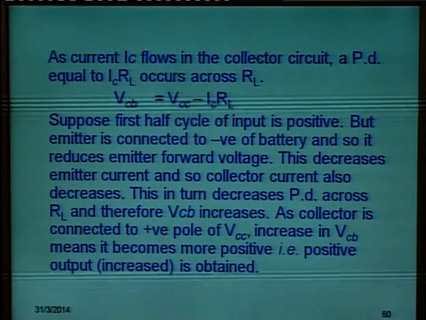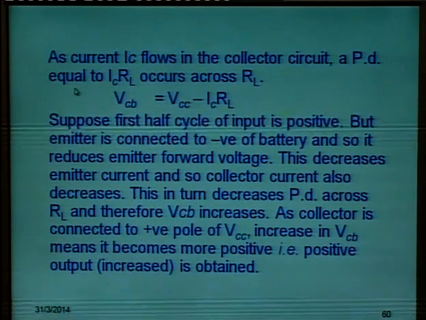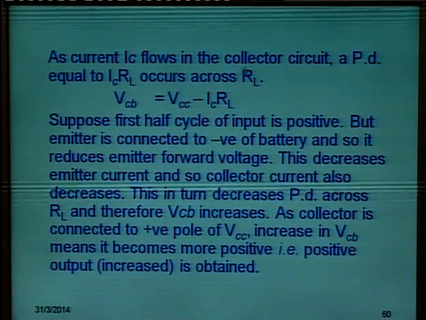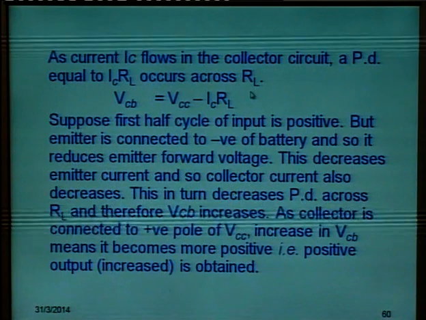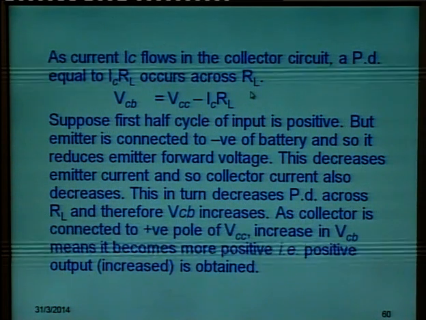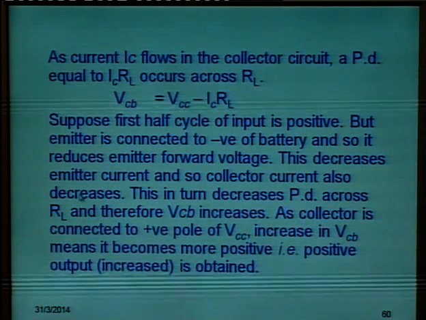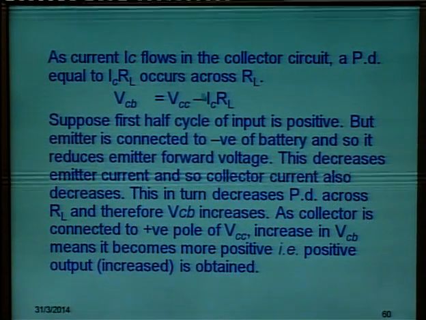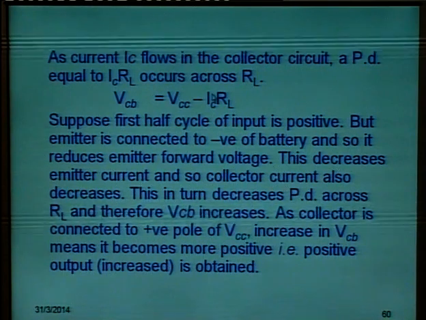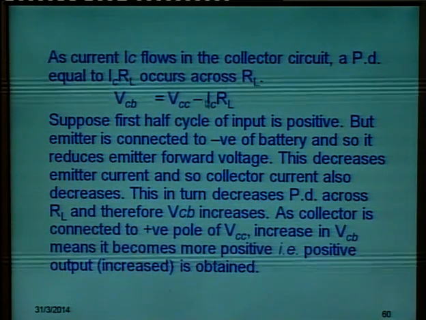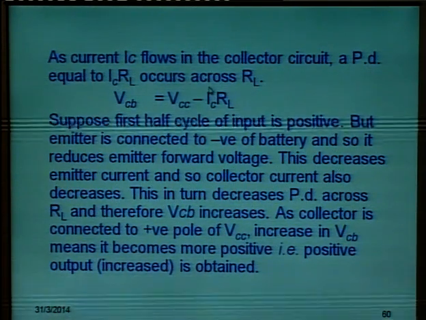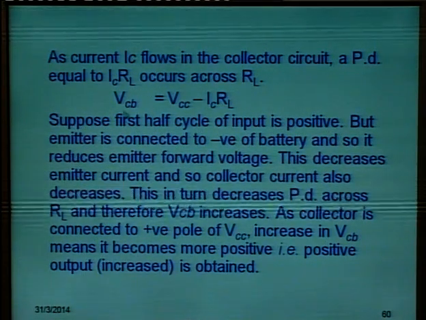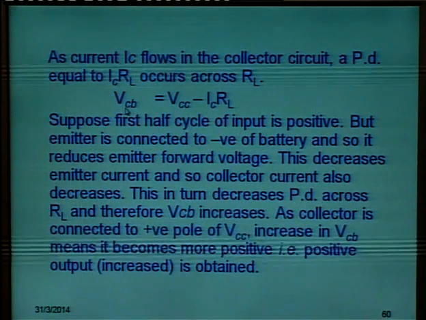As current flows in the collector circuit, a potential difference equal to ICRL occurs across the load resistor, referred to as RL. So this decreased emitter current decreases collector current. If IC decreases, the potential difference across the load resistor has decreased, which means VCB has increased.